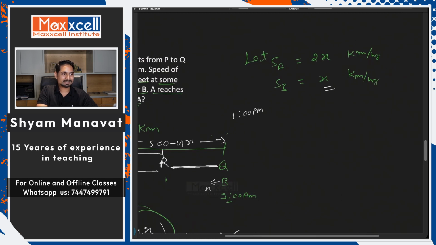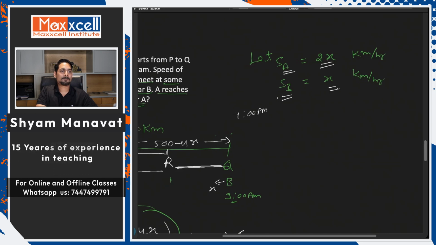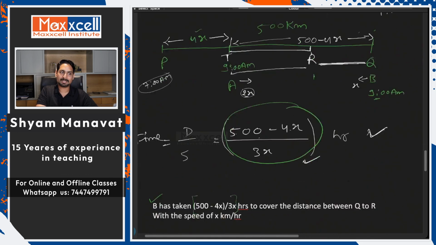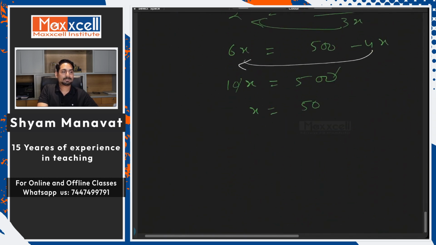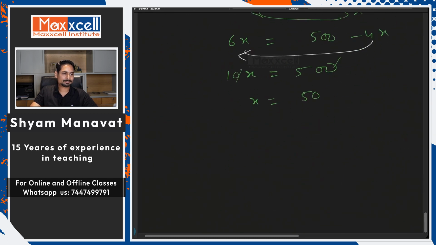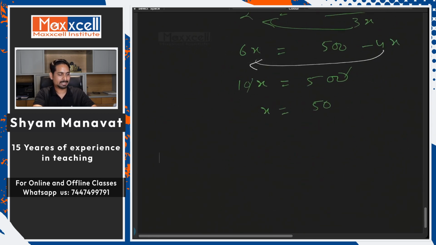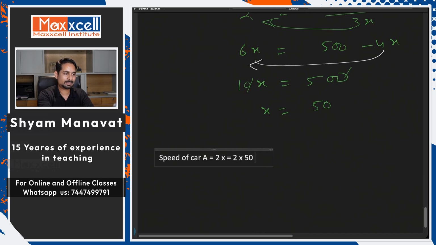We assumed x as speed of B. If x is the speed of B, then 2x will be speed of A. The question said find the speed of A. So speed of car A equals 2x, which is 2 into 50, that will get you 100 kilometers per hour. That's the answer.